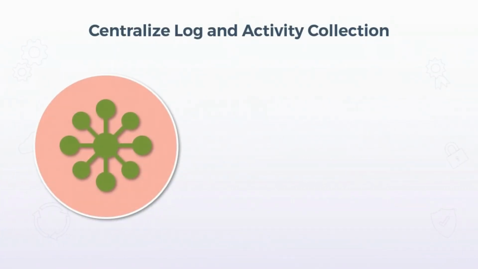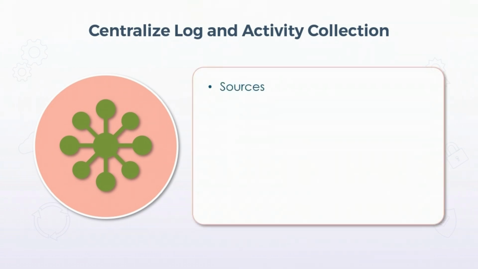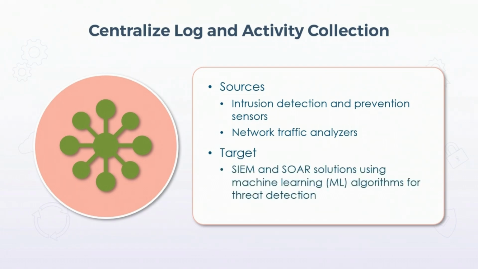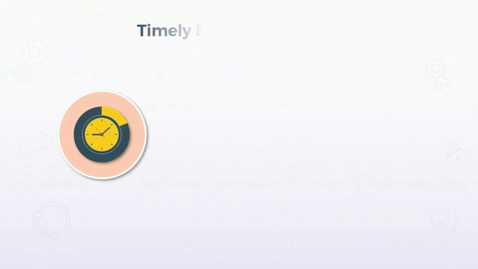So we know then that centralizing log collection is absolutely crucial in the enterprise. Now the sources, of course, could be intrusion detection and prevention sensors, network traffic analyzers. The target, of course, for that information might be a SIEM and SOAR solution that uses machine learning for threat detection. With centralized monitoring, we then have a central place to configure event notifications for suspicious activity.